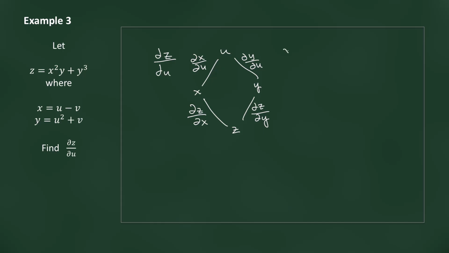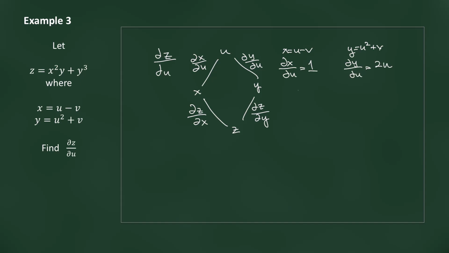So we have that x is u minus v, which means that the partial of x with respect to u is just 1. And we have that y is u squared plus v, which means the partial of y with respect to u is 2u.